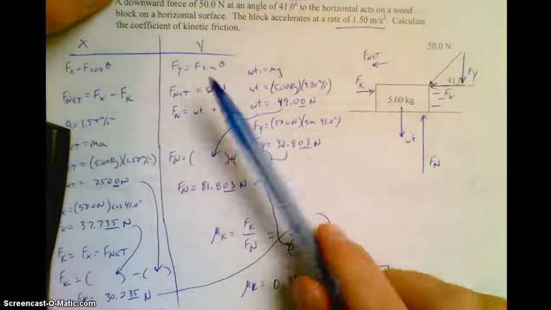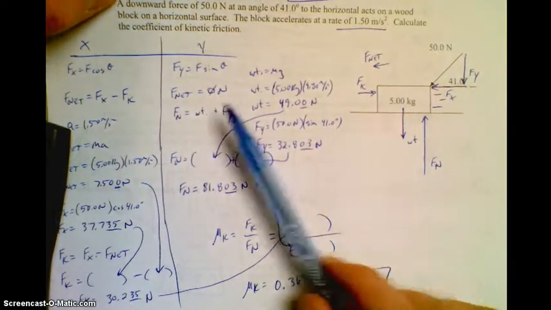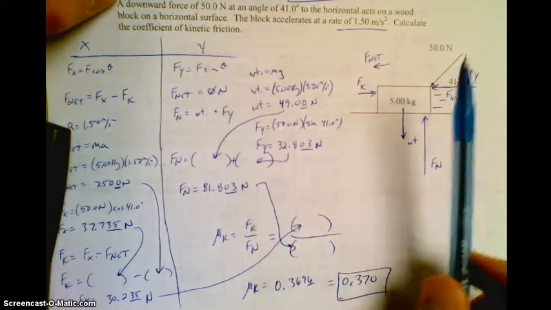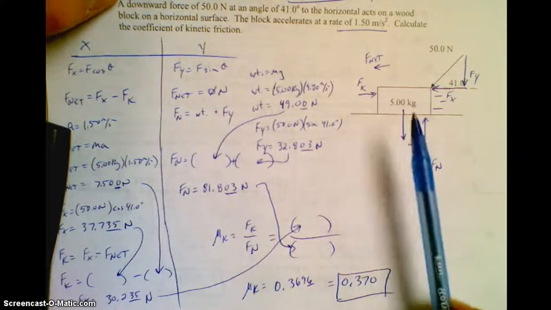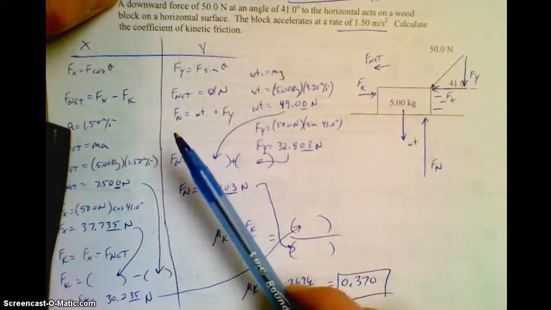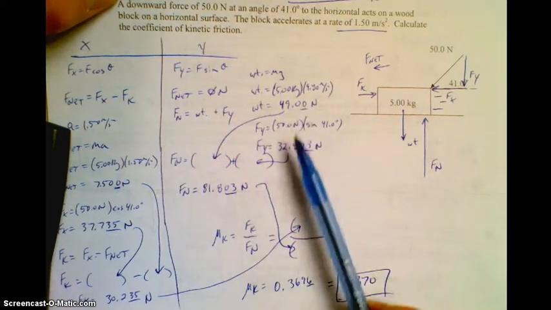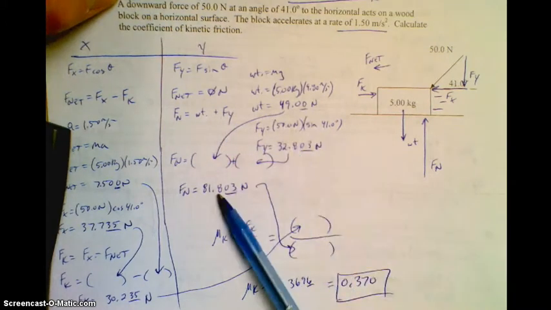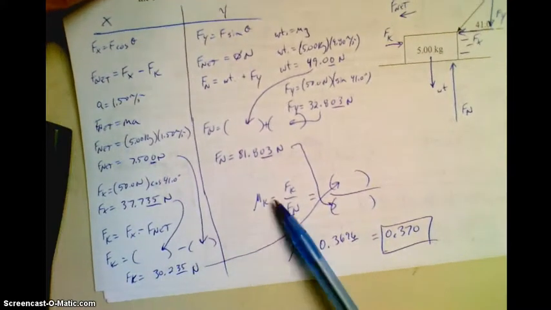In the y direction, I have the y component of the force. I also know that the net force is 0 because it's not accelerating vertically. So therefore the forces up are equal to the forces down. So Fn is equal to the weight plus Fy. Find the weight, find Fy, add them together to find Fn. And now I have Fn and Fk, which allows me to solve for mu k.